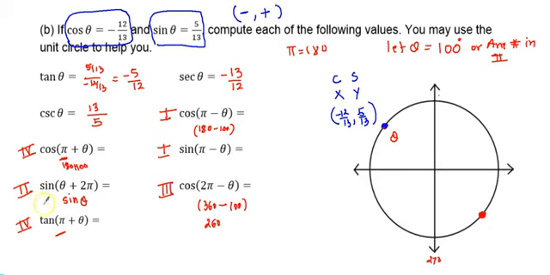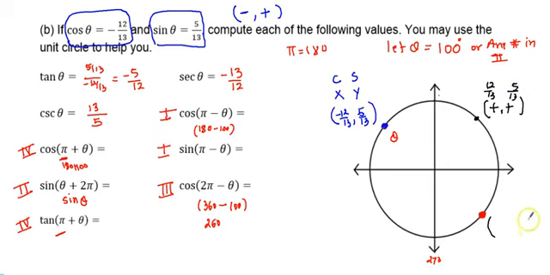Now we found all the locations. Now answering the question is nothing but the reflection of this point. If I reflect this point in the first quadrant, both will be positive, the same numbers: this will be 12 over 13, this will be 5 over 13.